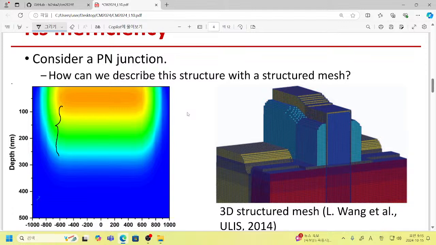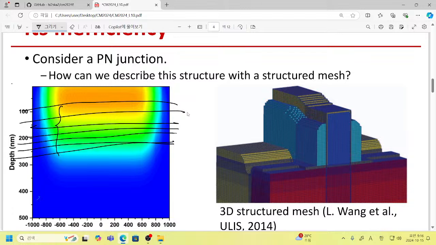So if the doping density is abruptly changed at this point, then we need more discretized points to make a fine resolution of the physical quantities. Since this is a PN junction, maybe we need a dense grid along this vertical direction. So maybe you can introduce densely populated points here and there. Yes, a poor drawing, but you know what I mean.